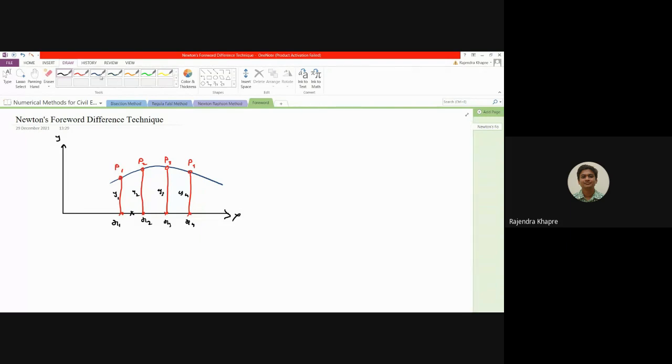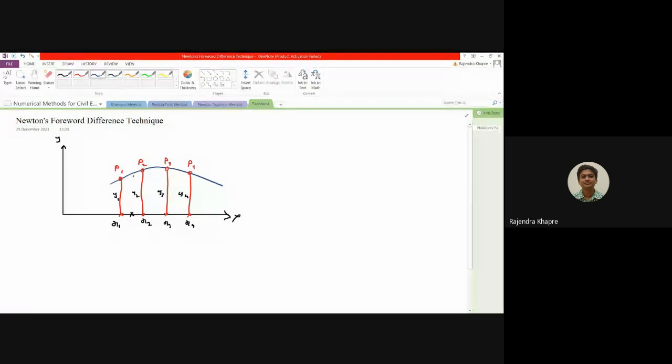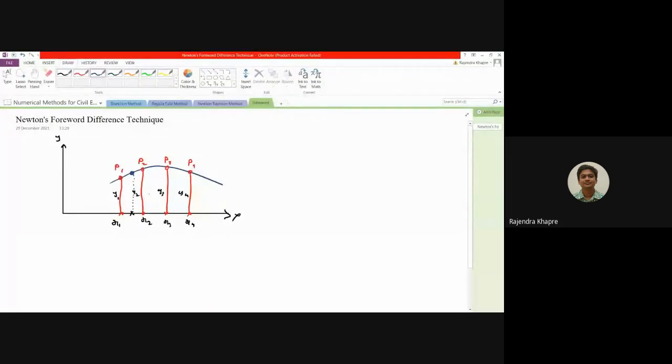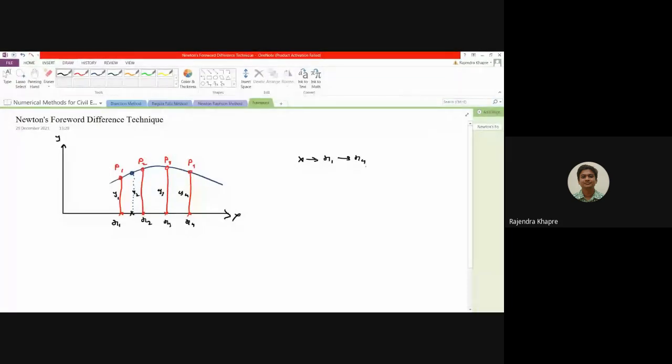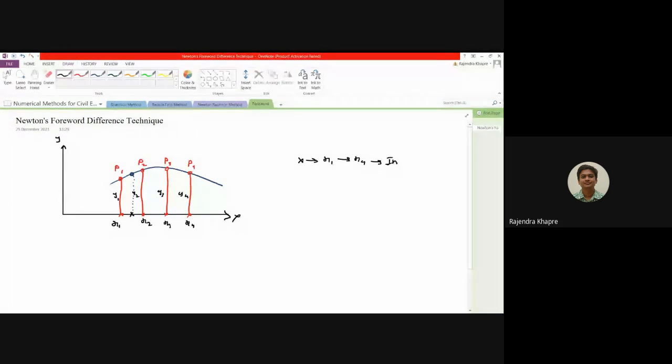So I need to find out what this y value is. When x is lying between x1 and x4, that means within the points available with us, and we want to find the y value for an x lying between the given data set, that is called interpolation.